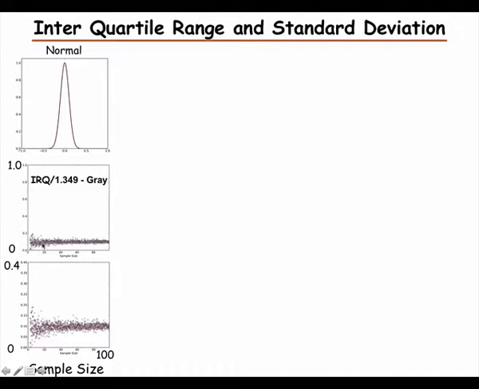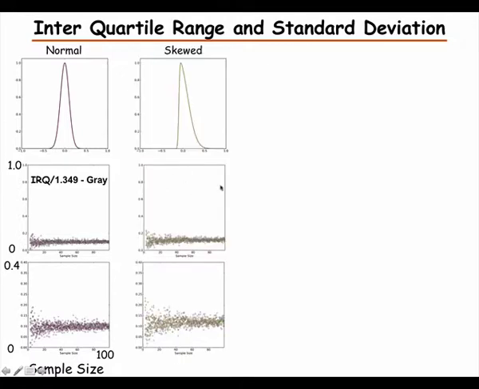So again, same colors here. Gray is the interquartile range, normalized to the standard deviation, which is in some kind of purple. Here they're pretty much overlaying.